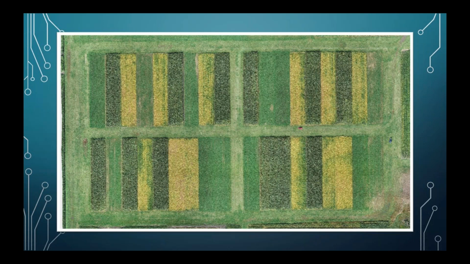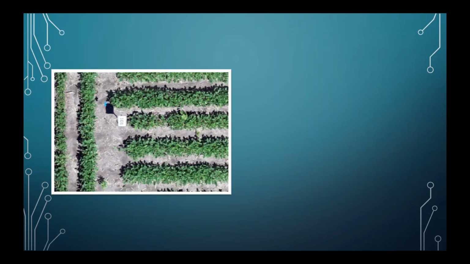So at least in precision agriculture, we can get an idea of where some things are going on in the field. Then we can go out and verify and check on those, boots on the ground.